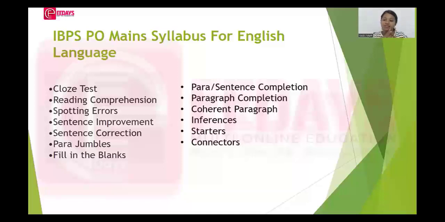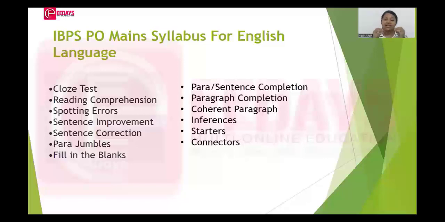Then inferences, they are just going to give you certain questions, and out of what you have understood, the critical analysis part is going to determine. And coming to starters, initially there will be many blanks. Okay, the beginning of the statement would be empty, and you have to fill that with suitable starter words.